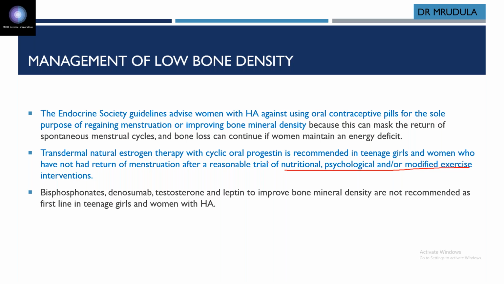Okay, and if with that the menstruation has not returned, then instead of COCs, you will add transdermal estrogen with cyclical progesterone. Bisphosphonates, denosumab, testosterone, leptin, all these improve bone mineral density, but they should not be used in women with hypothalamic amenorrhea. Remember well. So in hypothalamic amenorrhea, you are not going to use combined OC pills, any bisphosphonates, testosterone or leptin.